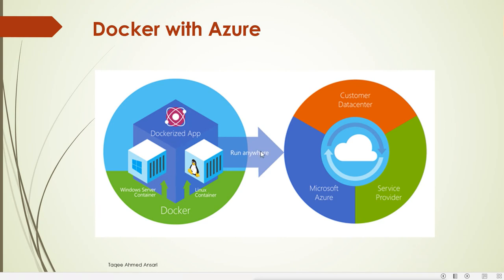Now what can we do? We can use the Docker app to make the containers, and we can run the containers from anywhere. If we upload a container onto Azure, then we can use the container from anywhere in the world.